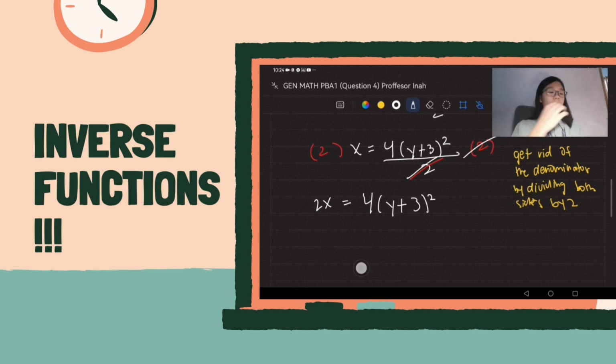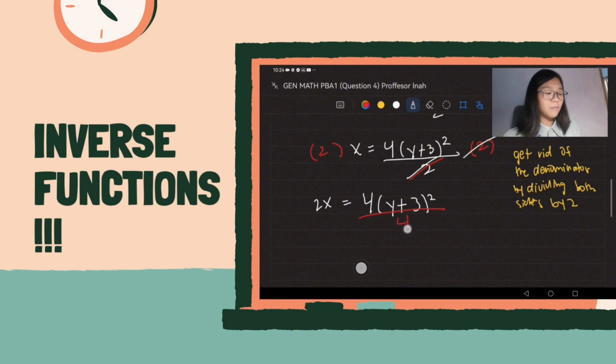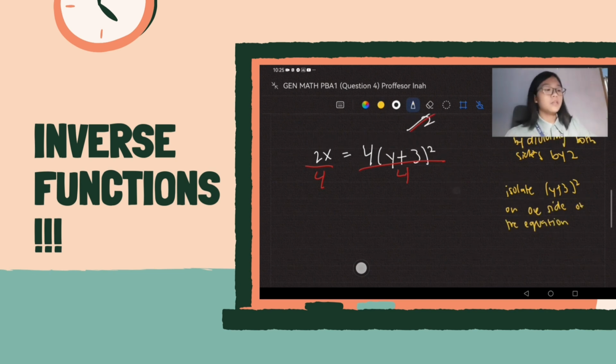There we go. And the next step is we need to isolate (y plus 3) squared on one side. So how do we do that? We divide both sides by 4. There we go. So we cancel 4 and 4.